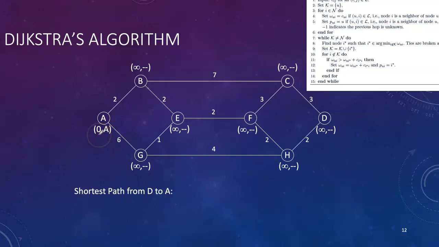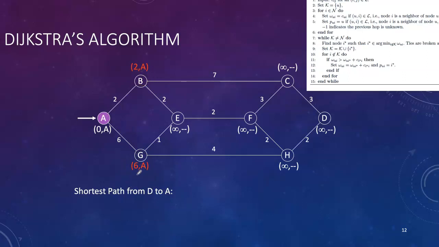Its distance to itself is clearly 0. And then, remember, in steps 3 to 5, we initialize all the other WUIs and PUIs. The neighbors of A are B and G, so we set the cost WAB as 2 and WAG as 6.